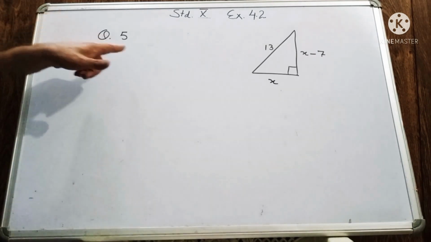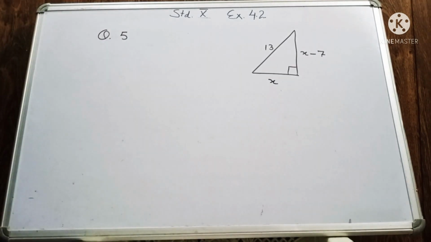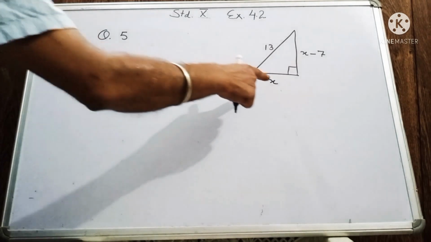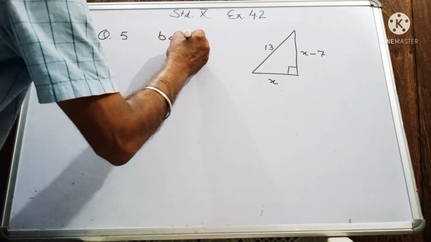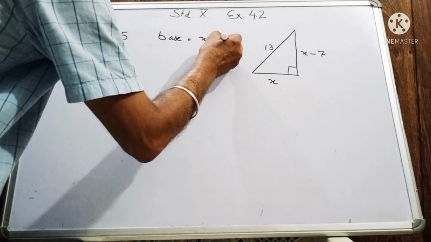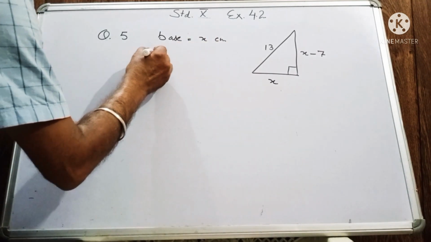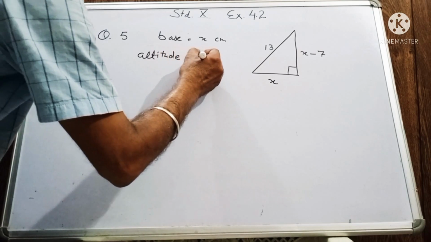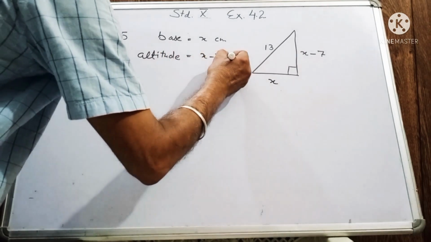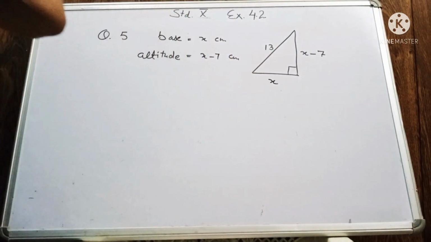We'll do question number 5. The altitude of a right triangle is 7 cm less than its base. Let the base be x. Therefore, altitude will be 7 cm less than its base, that is x minus 7. Hypotenuse is given 13.